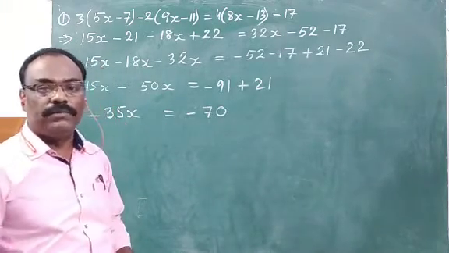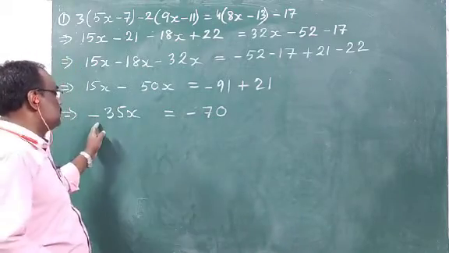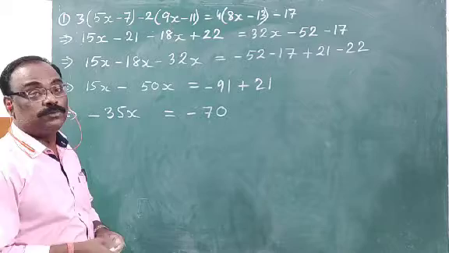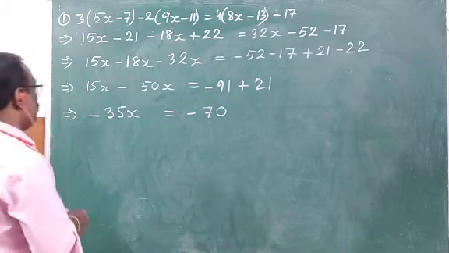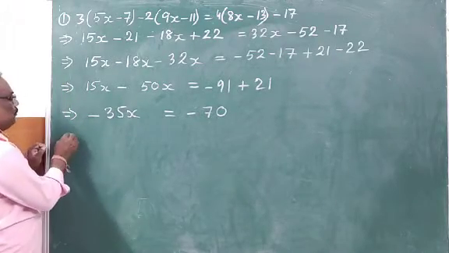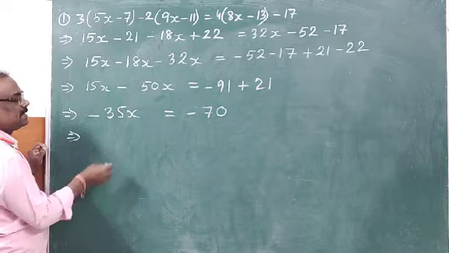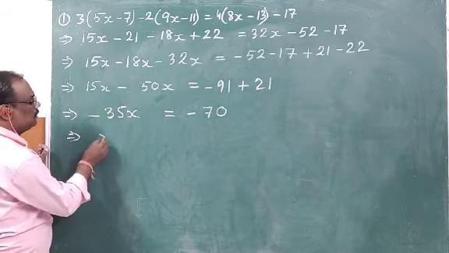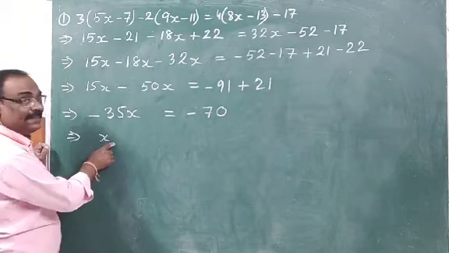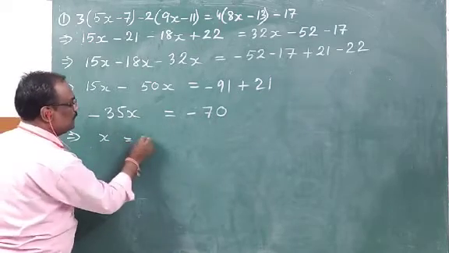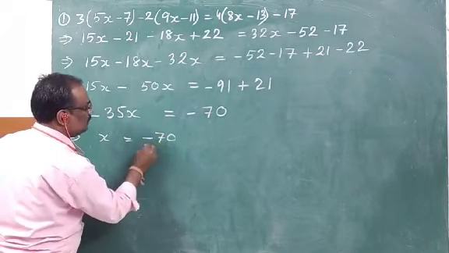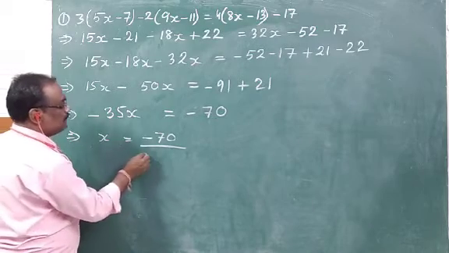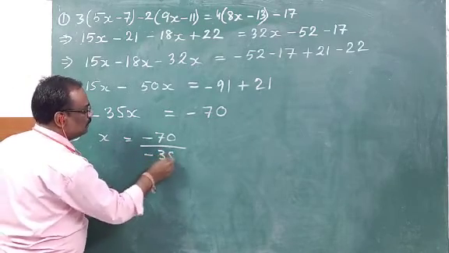Now what we need to do? Here, if we want, we can cancel both the minus signs because both are minus, or we can do the cancellation in the last step also. So here we can write x is equal to minus 70 by this number, which will come in the denominator, that is minus 35.